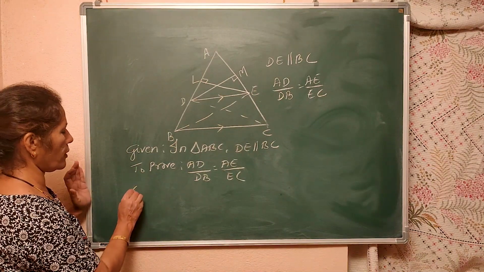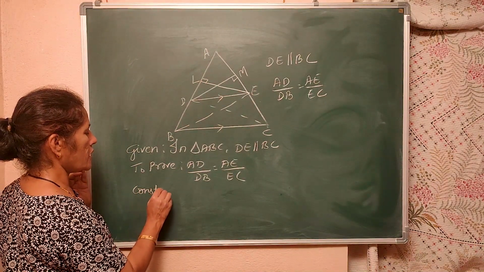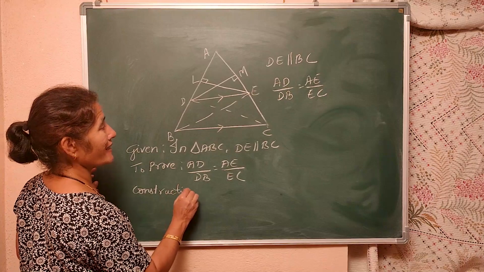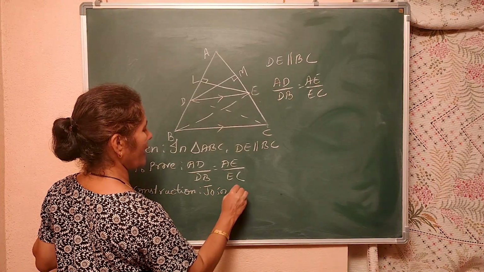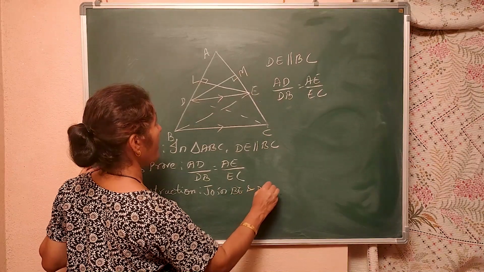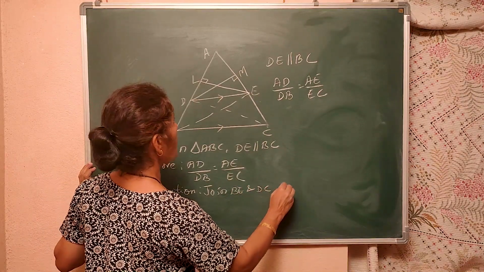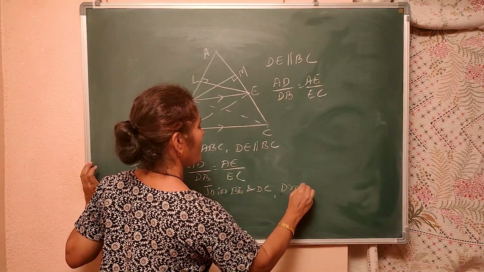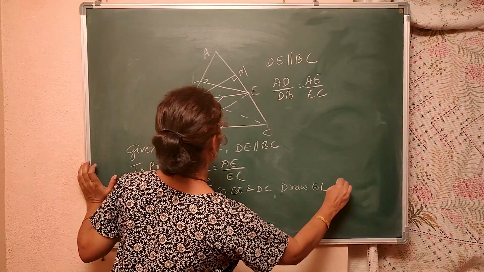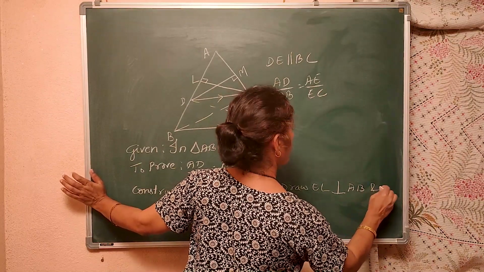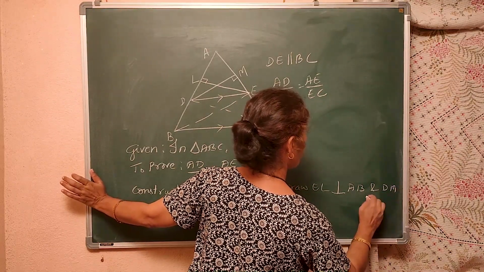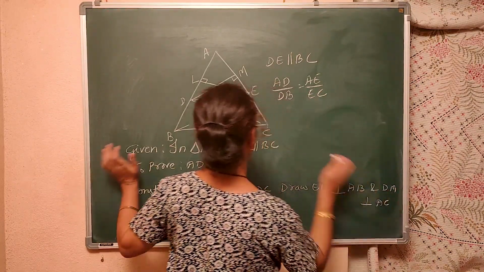So what is the construction? Construction is join BE and CD, draw EL perpendicular to AB and DM perpendicular to AC. That is your construction.